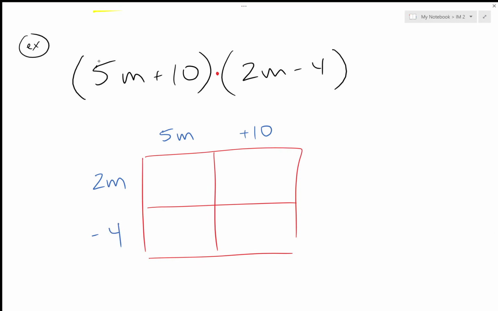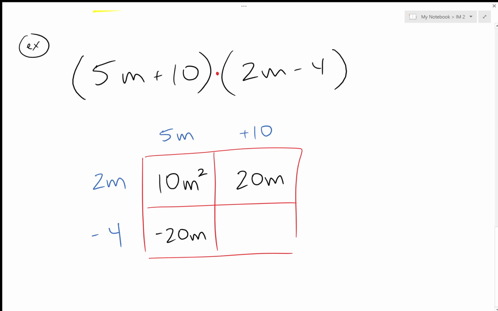And let's multiply and match. 5m times 2m, 10m squared. 10 times 2m is going to be a 20m. 5m times negative 4, negative 20m.